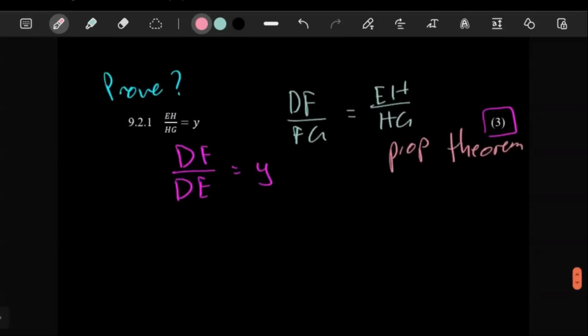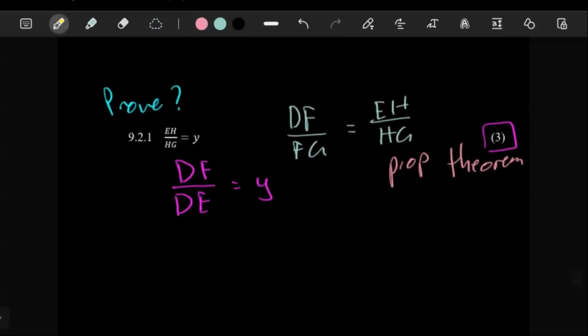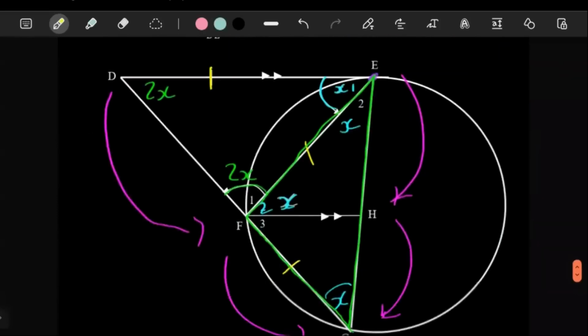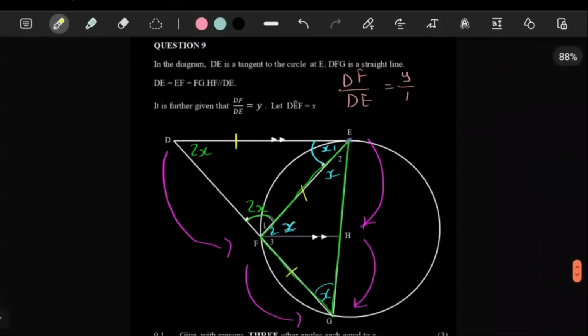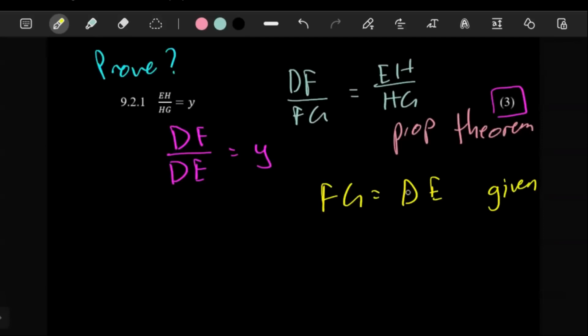So this being said, what we need to tell them is the fact that FG is equal to DE. That's a given. They gave it to us. So as long as FG is equal to DE, we can say therefore DF over DE, because replacing this with DE since they're equal, is equal to EH over HG.